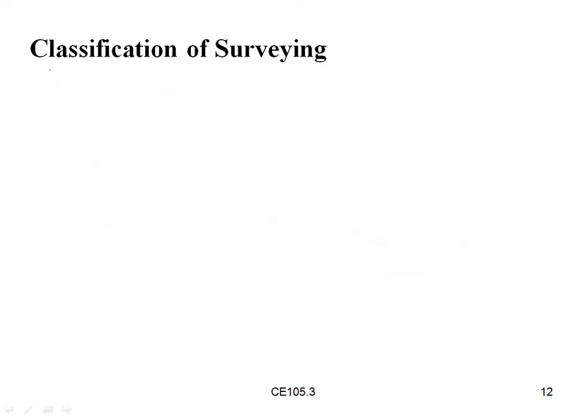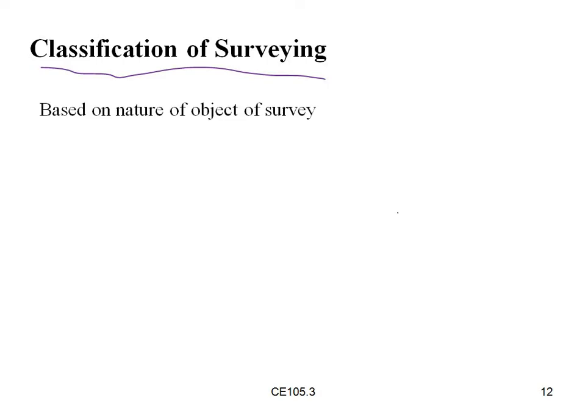And next, let us see the classification of survey. Up to now we have seen the types of surveys. Now let us see the classification of survey, which is based on the nature of the object of survey. First of all we will see the object. What is nature?